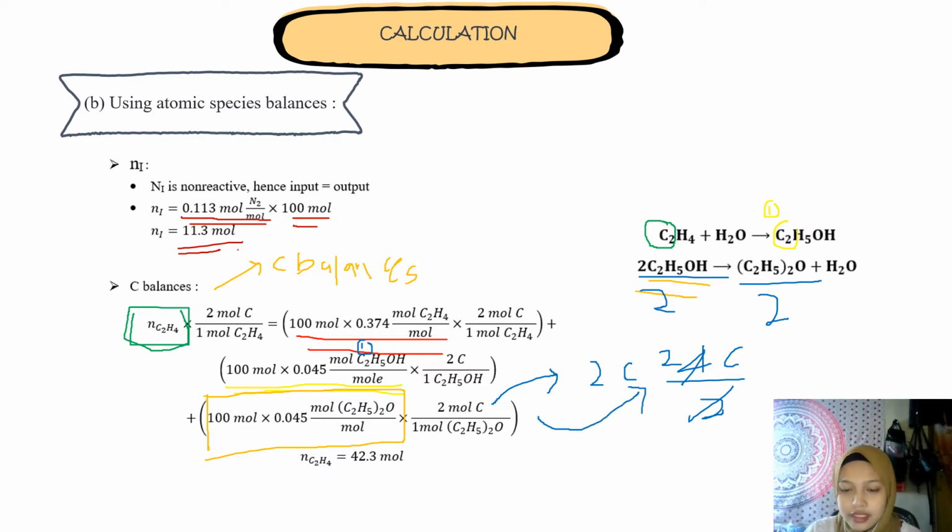Therefore I use 2C. In this calculation, we get the number of moles of inert gas and the number of moles of ethylene.